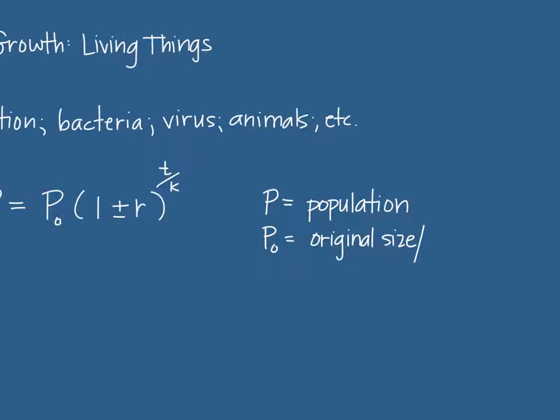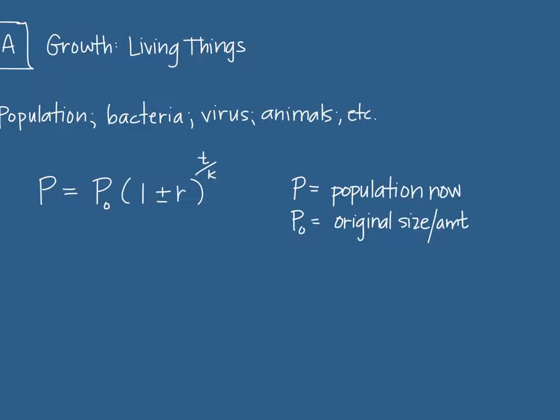So the regular P is like the population now. And P sub O is the original, or sometimes they call it initial, size or amount. One plus or minus R is what they call the growth factor, or it could be called the decay factor.